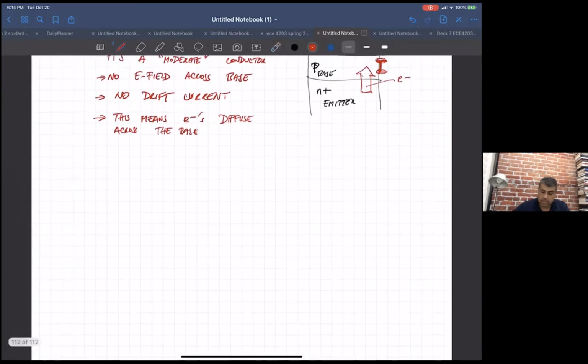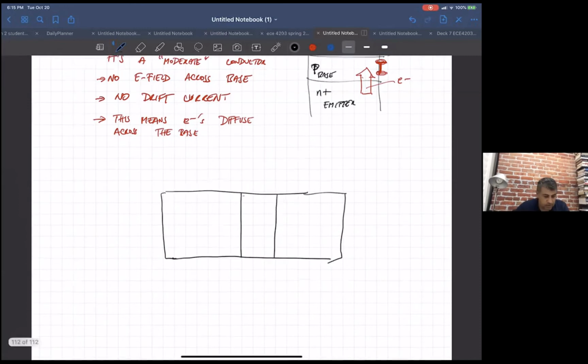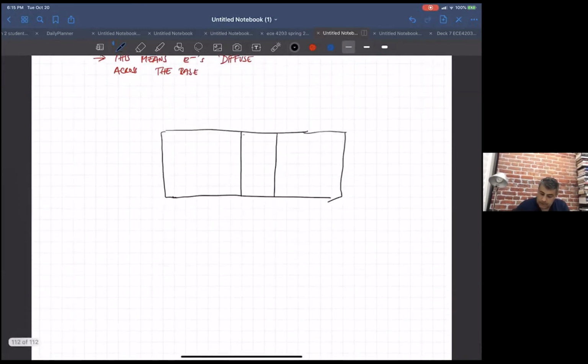Okay, so what does that mean? Let's draw this. I'm just going to draw this sideways. I think it'll make a little more sense sideways. So this is N plus, which is the emitter. This is P, which is the base. And this is the N, which is the collector.